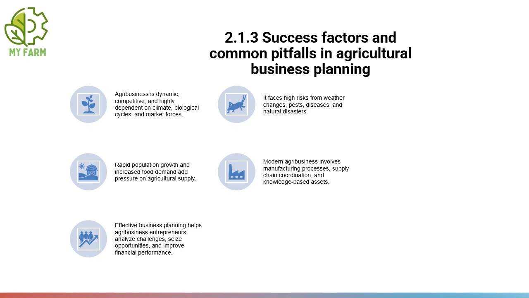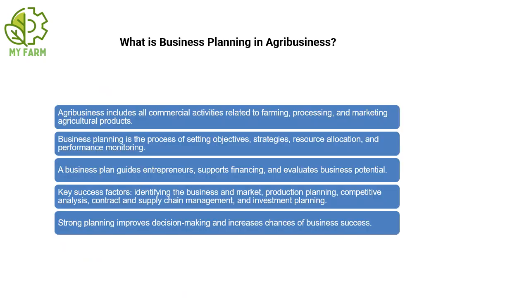What is business planning in agribusiness? Agribusiness includes all commercial activities related to farming, processing, and marketing agricultural products. Business planning is the process of setting objectives, strategies, resource allocation, and performance monitoring.